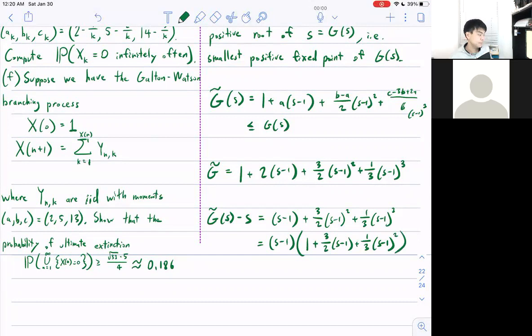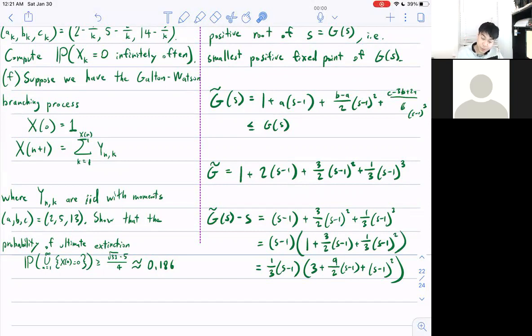And then I can again factor out a 1/3 from the expression on the inside to give me 1/3 (s minus 1) times [3 plus 9 over 2 (s minus 1) plus (s minus 1) squared]. Only reason I'm doing this is that the coefficient of the leading term, which would be s squared right here, is just 1.